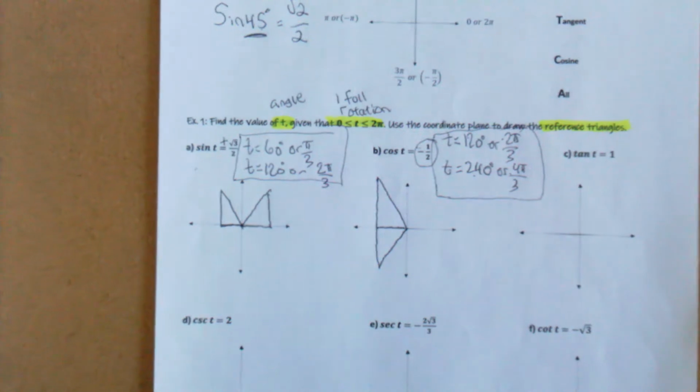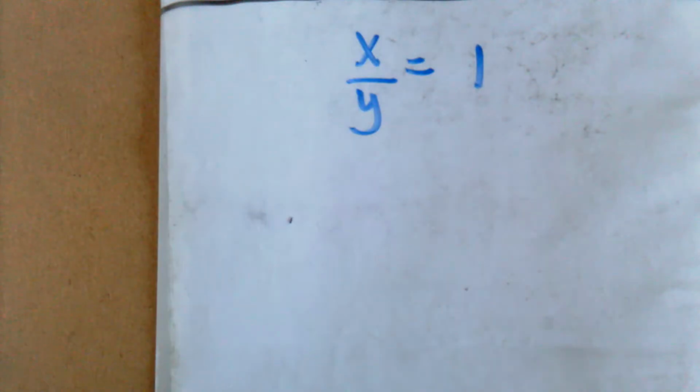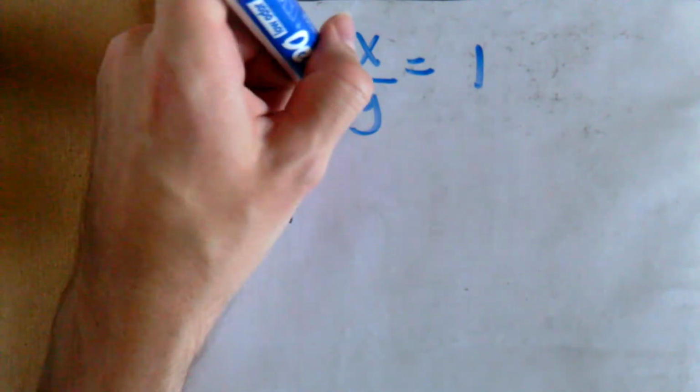Notice also that tangent is positive 1. So that tells us that we need to get positive 1 by dividing two of the same numbers. And that can happen in a few ways. Let's remember how. So if we have some x divided by y-coordinate equals 1, that can happen if both x and y are positive.